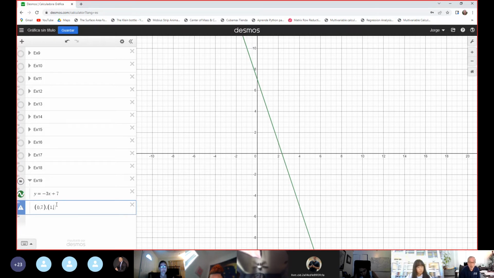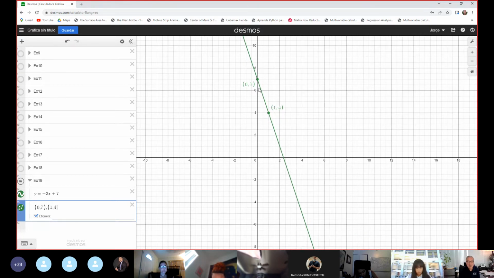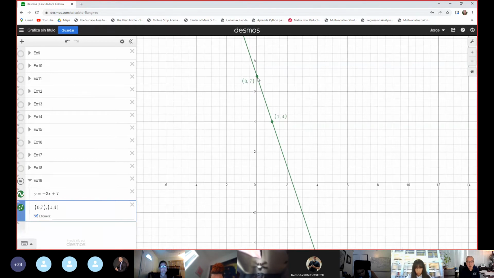I say 4, right? Bam. Do you see that this point belongs to the graph? What is the reason? The reason is that from 7, we go 1 to the right and negative 3 in y. 1, 2, 3. And you get this point, not necessarily the x-intercept. This is an auxiliary point that can help me understand the graph.